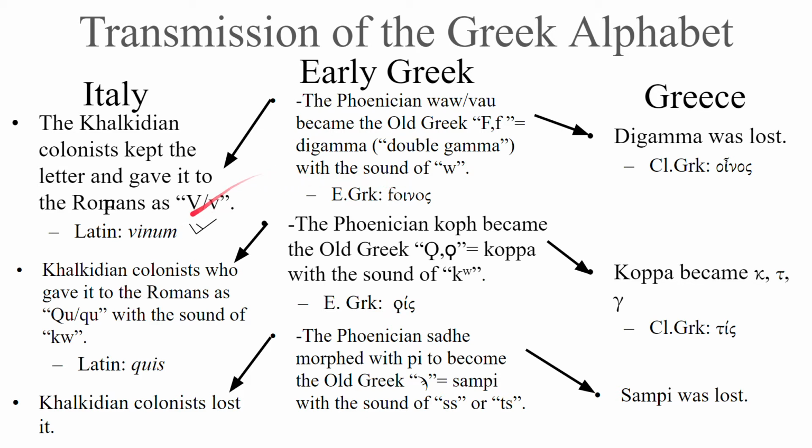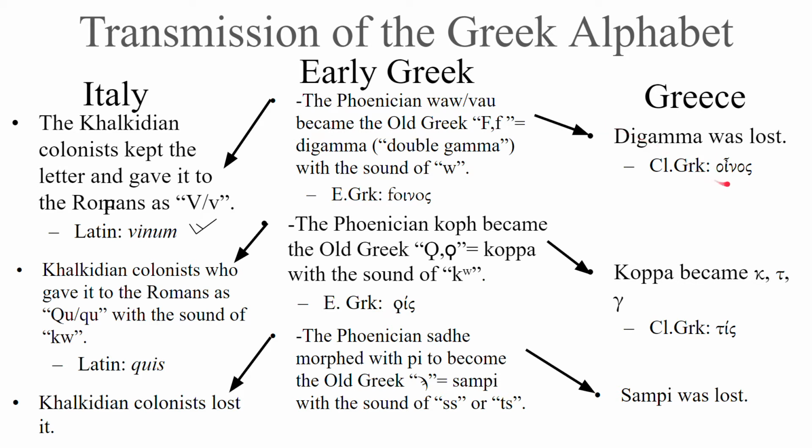This means wine. Now, whereas the Italians are down with the digamma, the Greeks on the Grecian mainland, they're not. The digamma was lost. So meanwhile, the Italians got it early, and they kept it. The Greeks, no, they are not down with the digamma. The digamma gets lost. So the Greek word for wine is oinos.